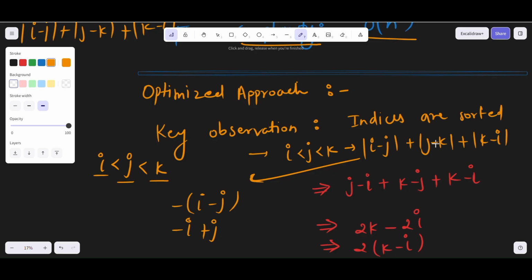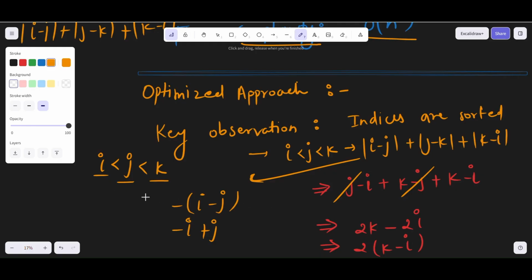Similarly, the second opens with a minus sign and becomes k minus j, and the last one is positive, so it becomes k minus i. If you solve this, the parts cancel out and you get 2k minus 2i. Taking 2 out, it is simply 2 times k minus i.